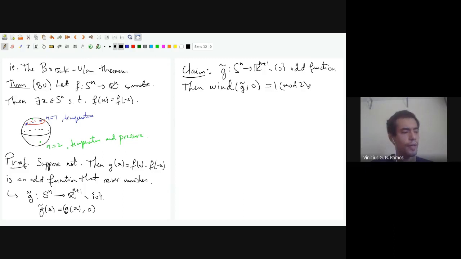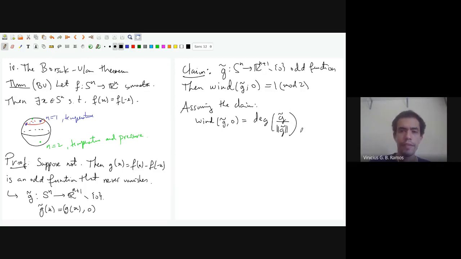Okay, so we're going to prove the claim in a little bit, but if we assume the claim, what can we do? Well, what is the winding number? The winding number is the same as the degree of g tilde over the norm of g tilde.